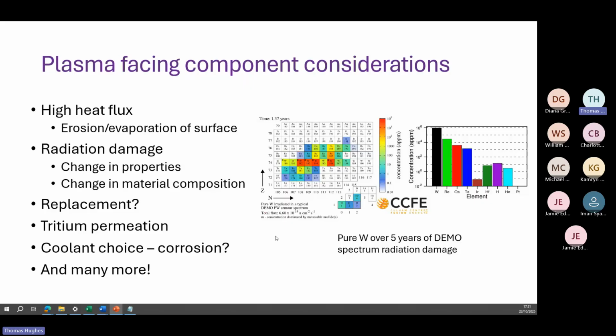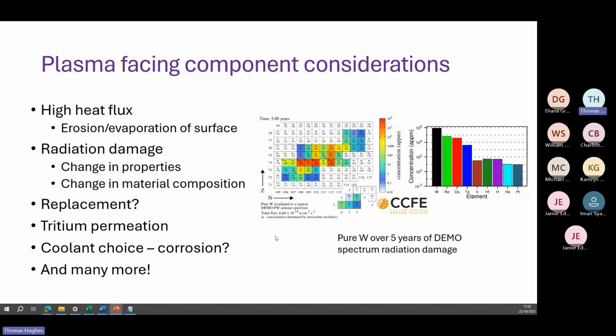This is a simulation of the radioactivity in DEMO, which comes after ITER. After 5 years, your pure tungsten part isn't pure tungsten anymore. So you've got to consider not only that your part is degrading because of the temperature and the radiation, it's also changing composition, which isn't good.